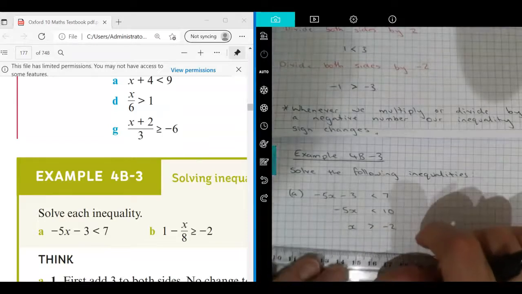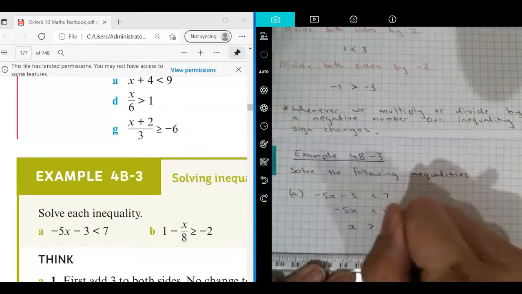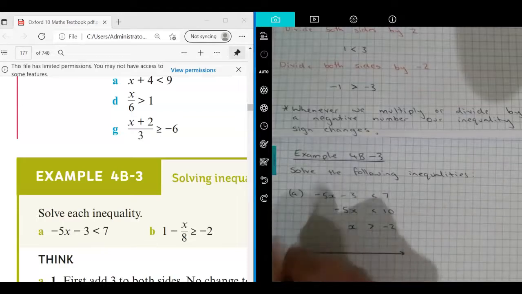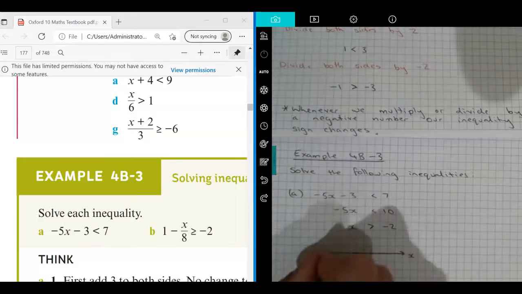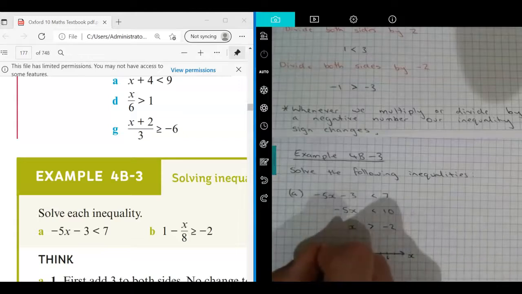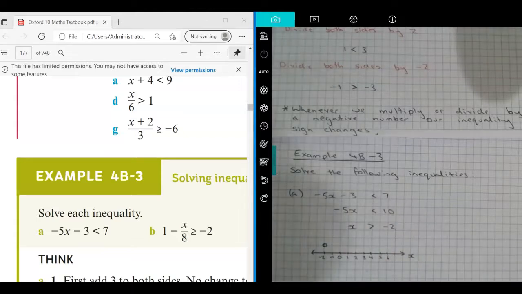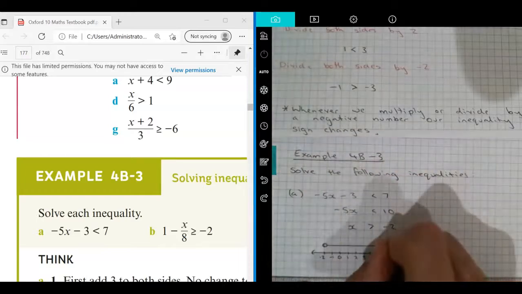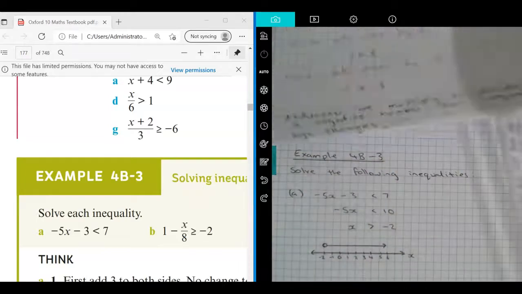If you want to draw that on the number line, here we have x, 0, negative 1, negative 2. So we have an open dot and all the values greater than negative 2.